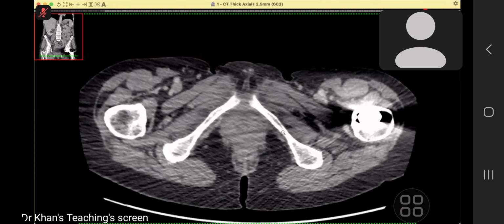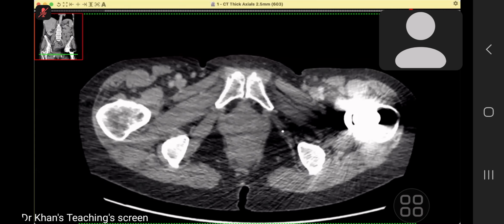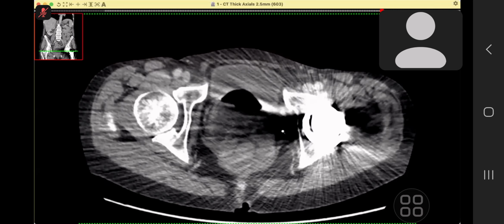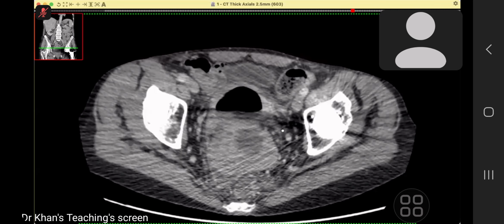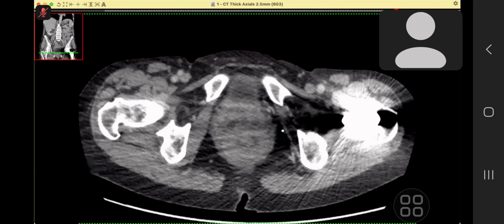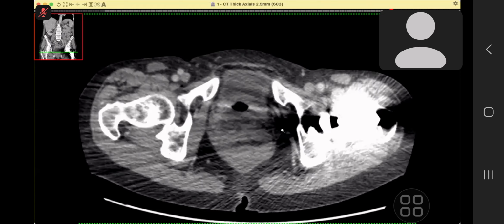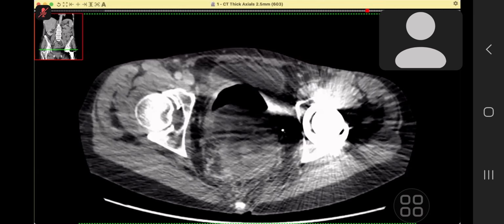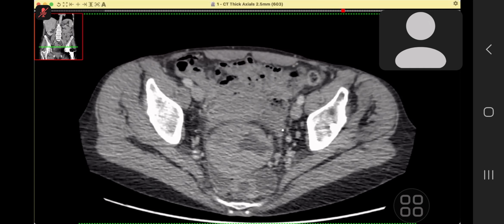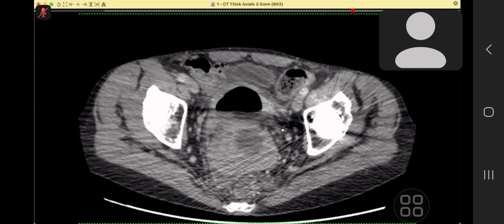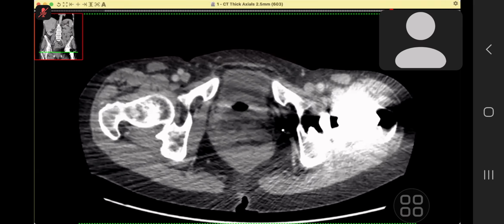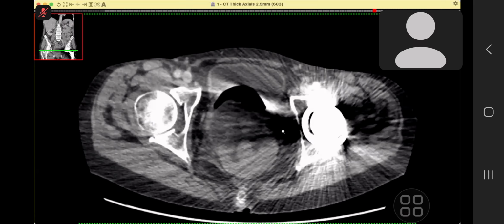Can we go up? There is also a fluid or large air-containing area at the site of the vagina, but I can't tell with the artifact.